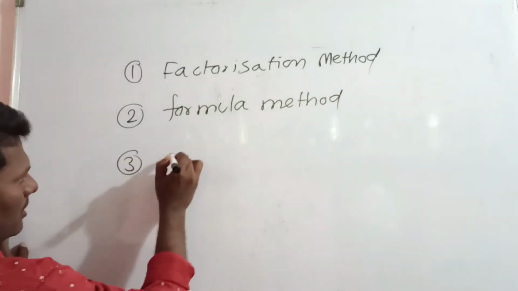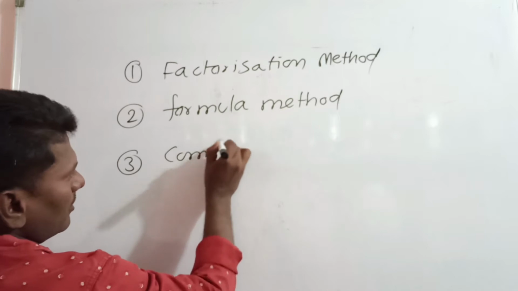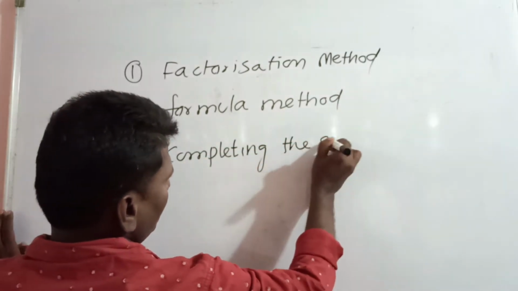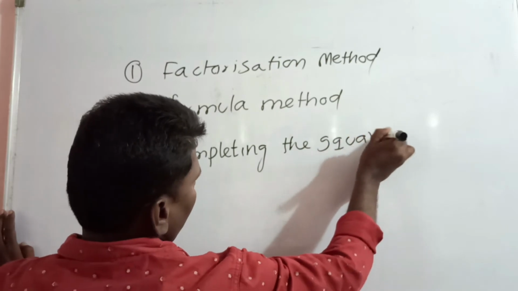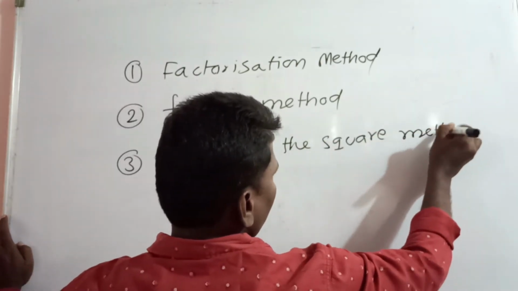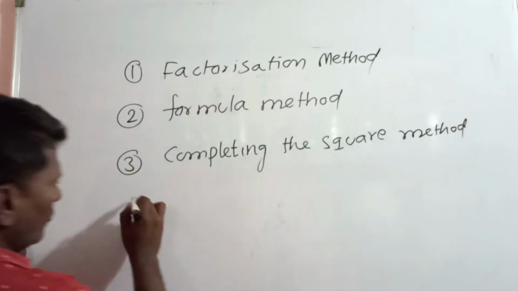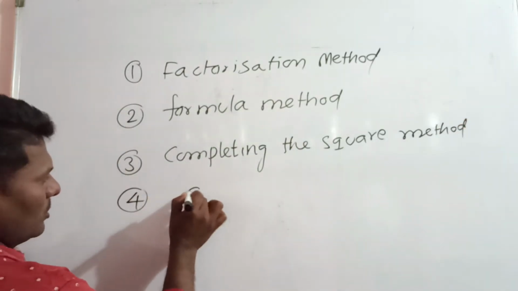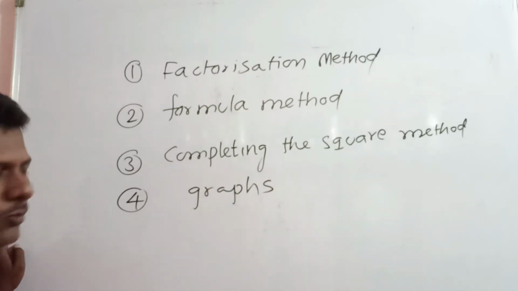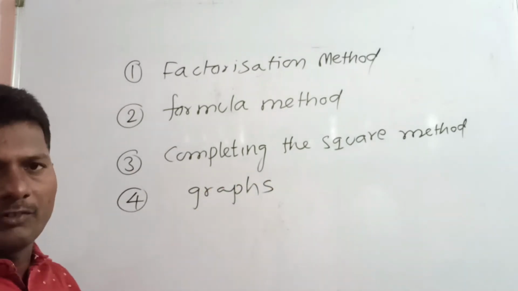Third one is the completing the square method. Fourth one is using graphs. Using graphs we can solve quadratic equations.